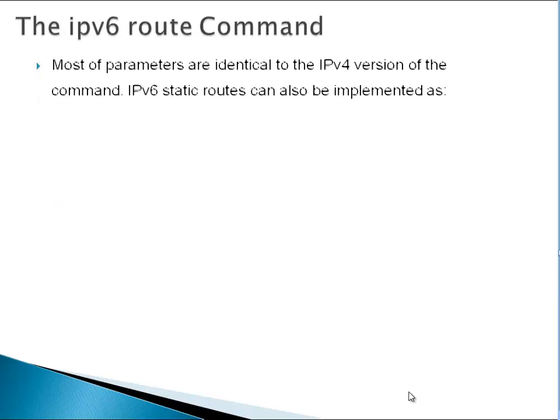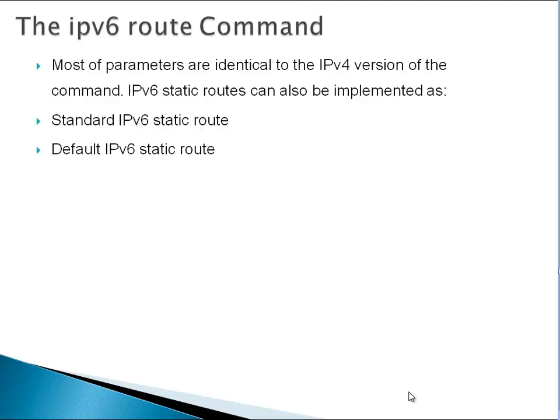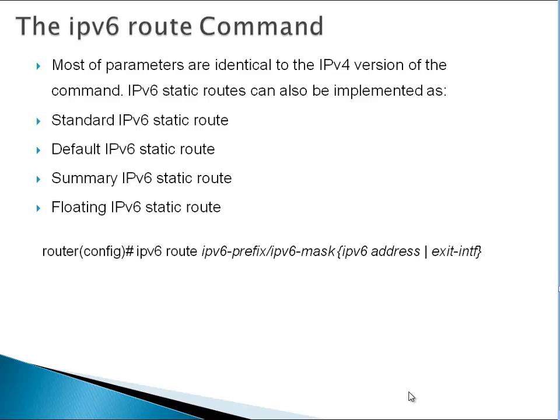For the IPv6 route commands, most parameters are identical to the IPv4 version of the commands. IPv6 static routes can also be implemented as a standard IPv6 static route, default IPv6 static route, summary IPv6 static route, and a floating IPv6 static route.